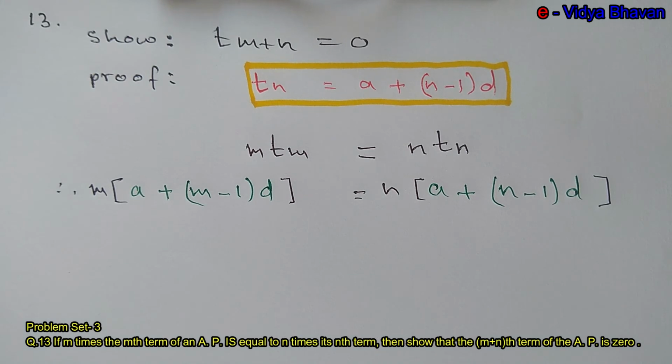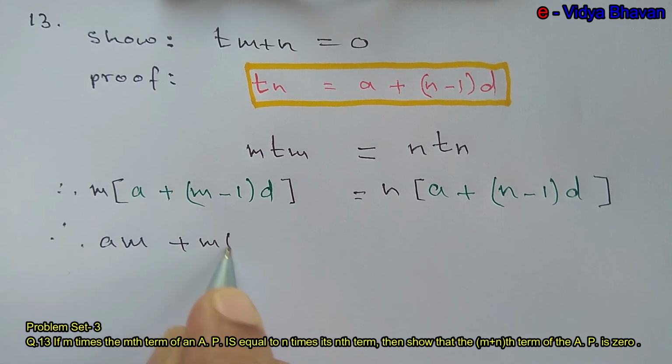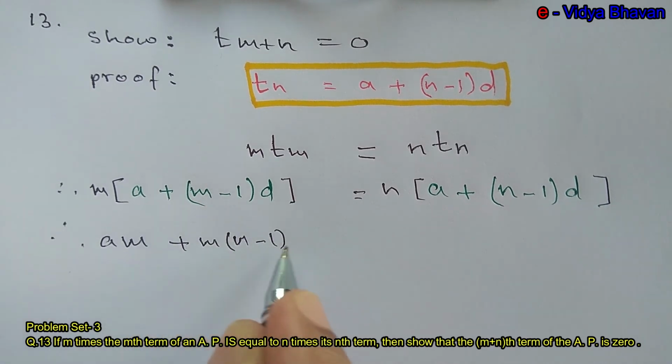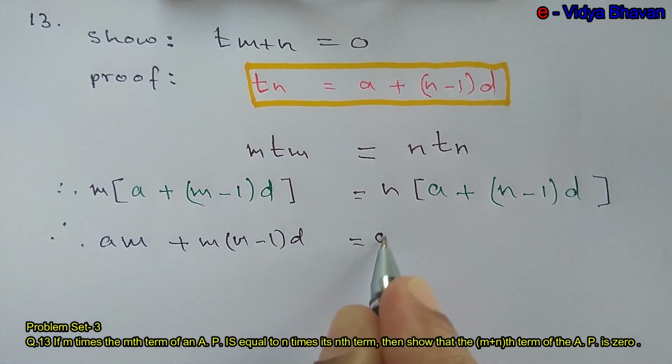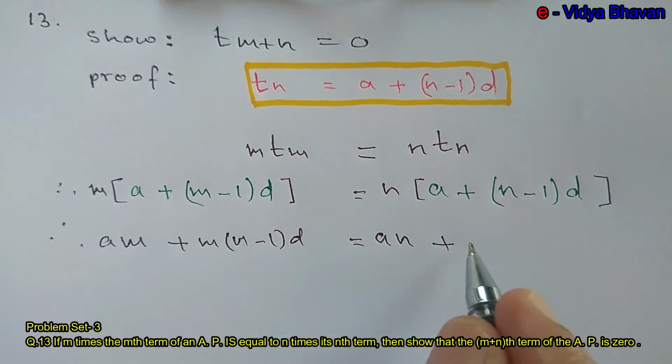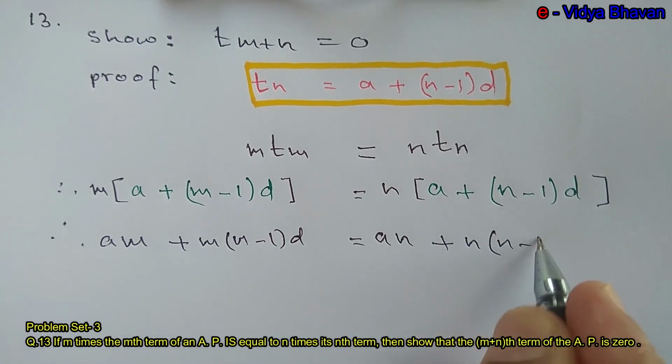Now, further we can go by opening the bracket: am, m into m minus 1d, an, n into n minus 1d.